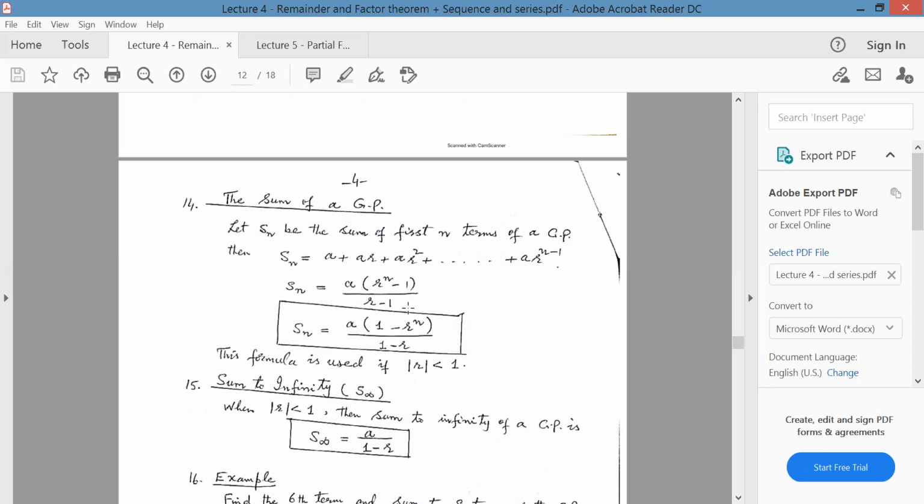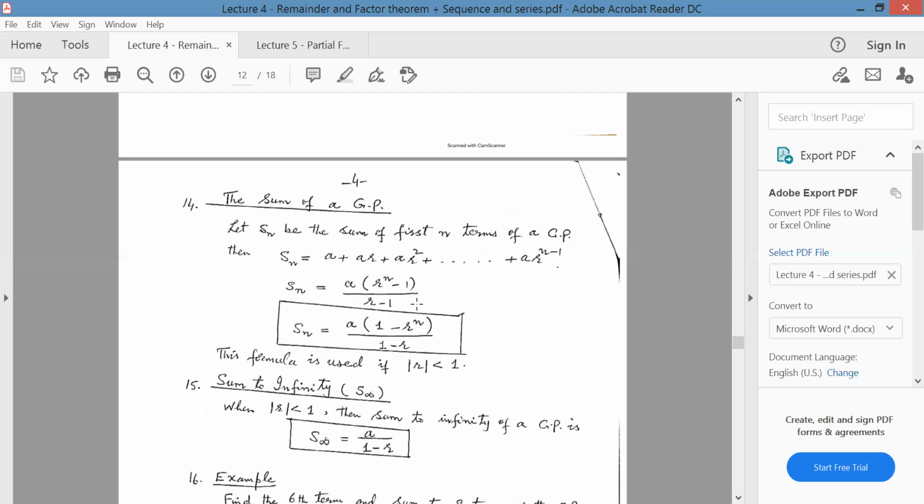So in this case, if n approaches infinity, now we are going to find a formula for the sum of infinite terms. You may have some series which are approaching infinity, and you do not know how many terms are getting smaller, smaller, and smaller, and up to what value you can sum up. So we apply the technique that n is approaching infinity and r is less than 1.